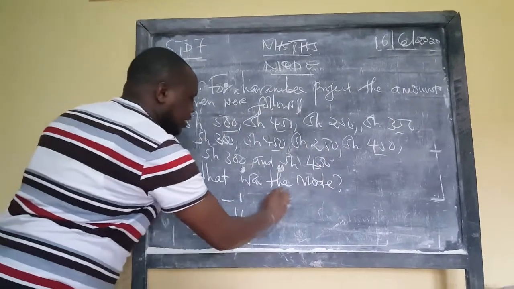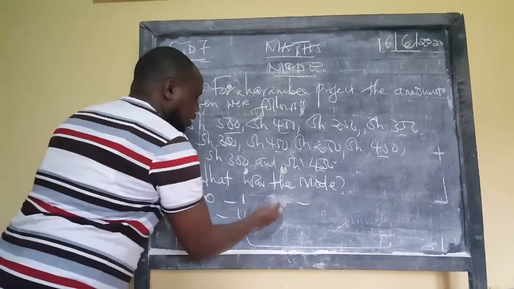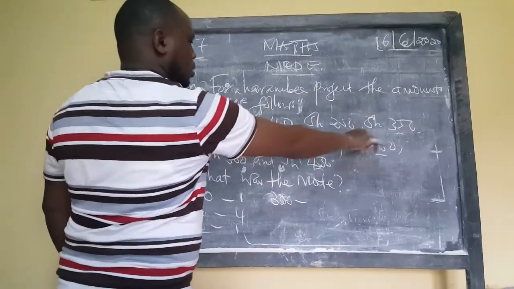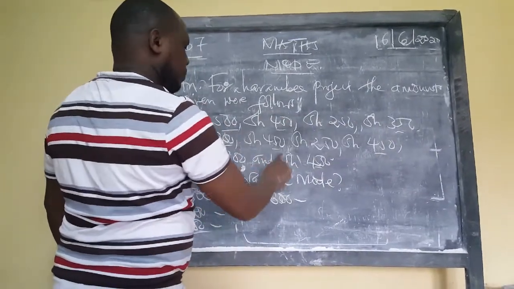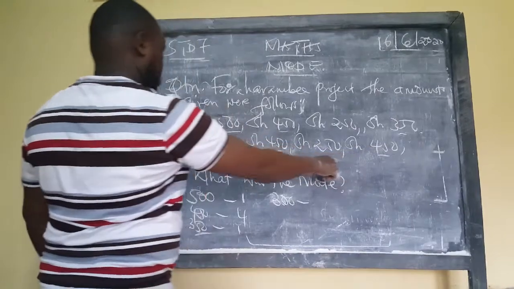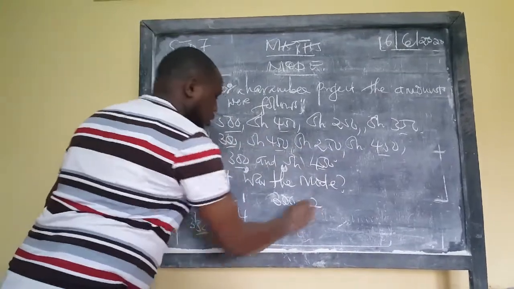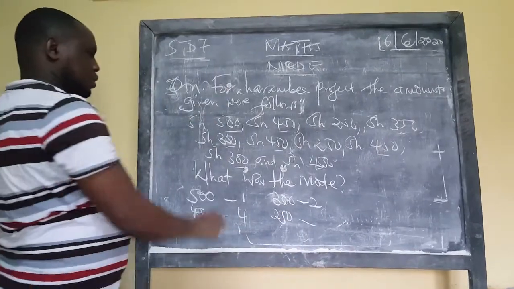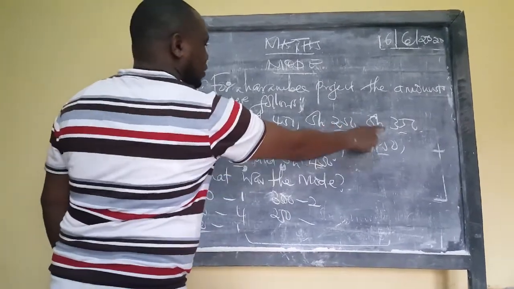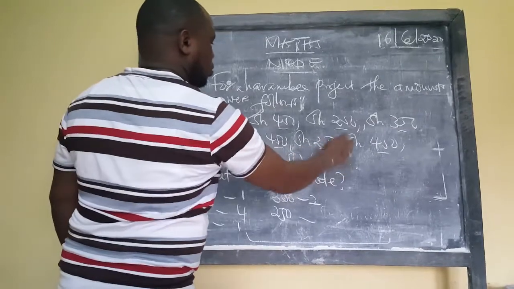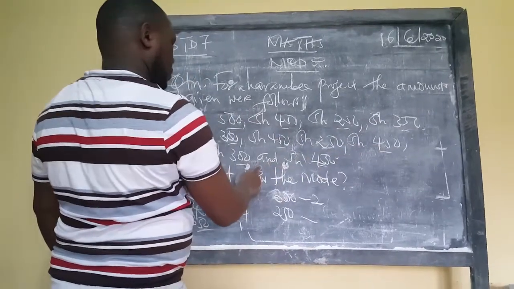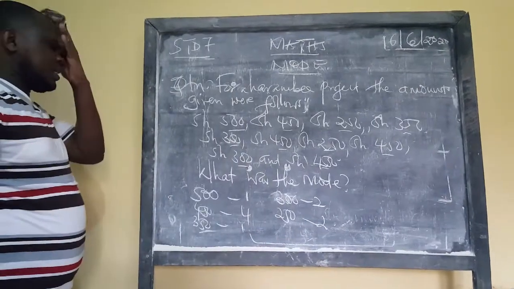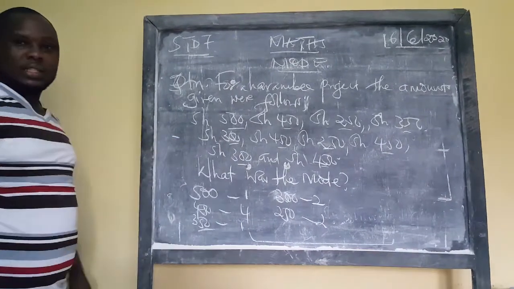Then from there we have 300 appears 1 time, 2 times. Then from there we have 250. I think that was the last amount. 250 appears 2 times.